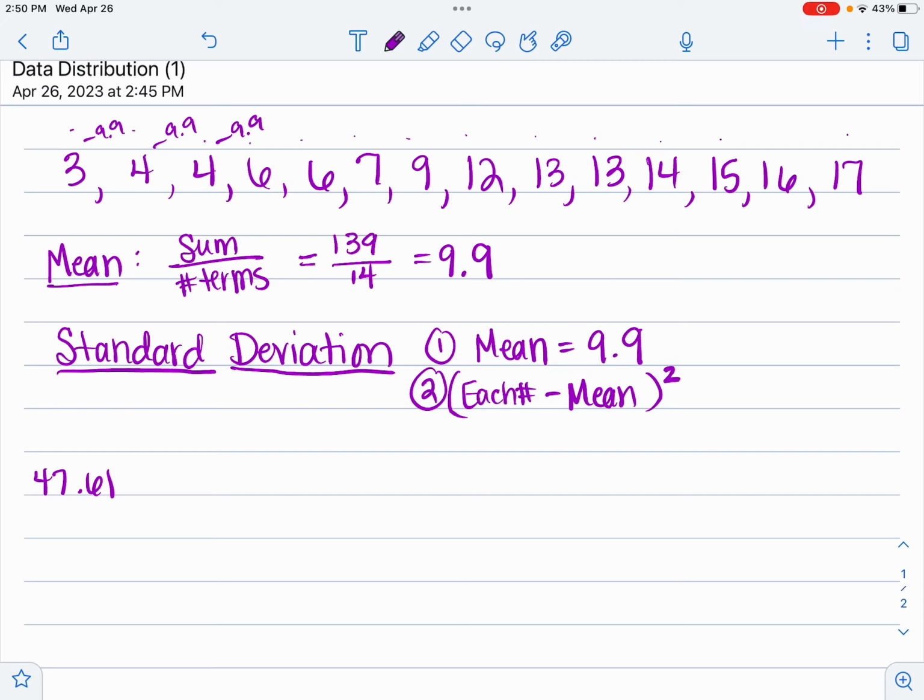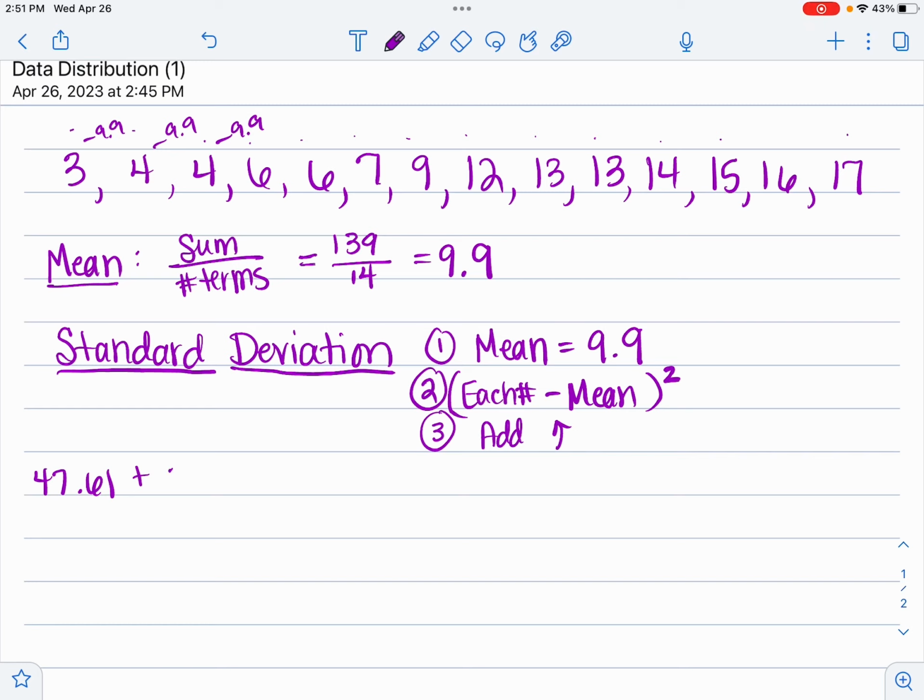All right, now step number 3, I'm just going to go ahead and write down, 2 birds, 1 stone kind of thing. We want to add those together. So we're going to add what we just did in step number 2, and I'm going to kind of do that as I go. All right, so 4 minus 9.9 and then square it is 34.81, and I have 2 of those, right?